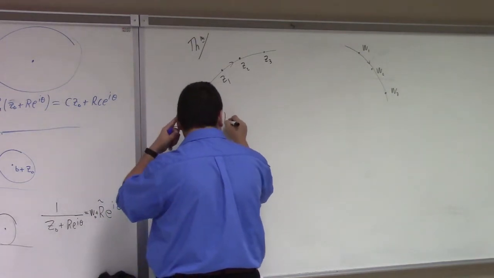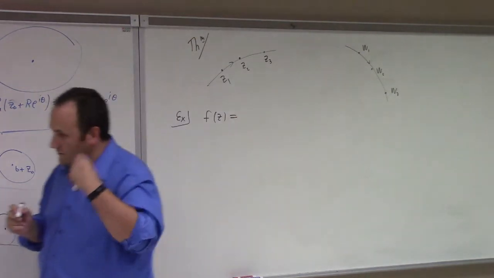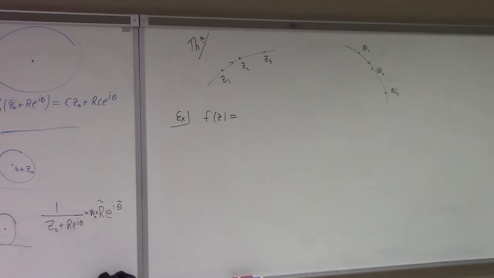If we have f of z equal to z plus 1 over z minus 1, let's see what happens with it.